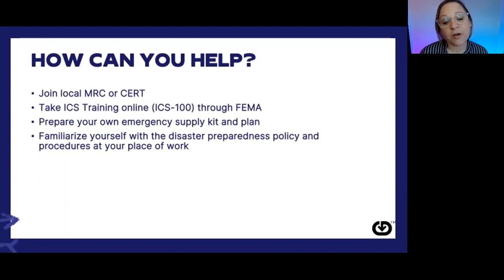You can prepare your own emergency supply kit and family plan for disasters. And there's tons of resources online. A quick Google search will help you with that. And then finally, familiarize yourself with the disaster preparedness policy and procedures at your place of work. It really is about preventing and mitigating these disasters and being prepared as individuals and as the community. And as nurses, we play a part in that.